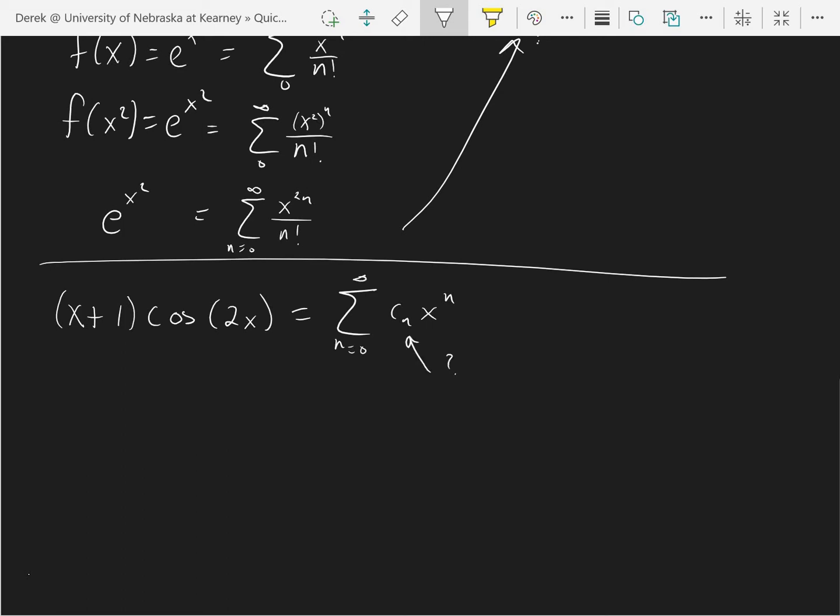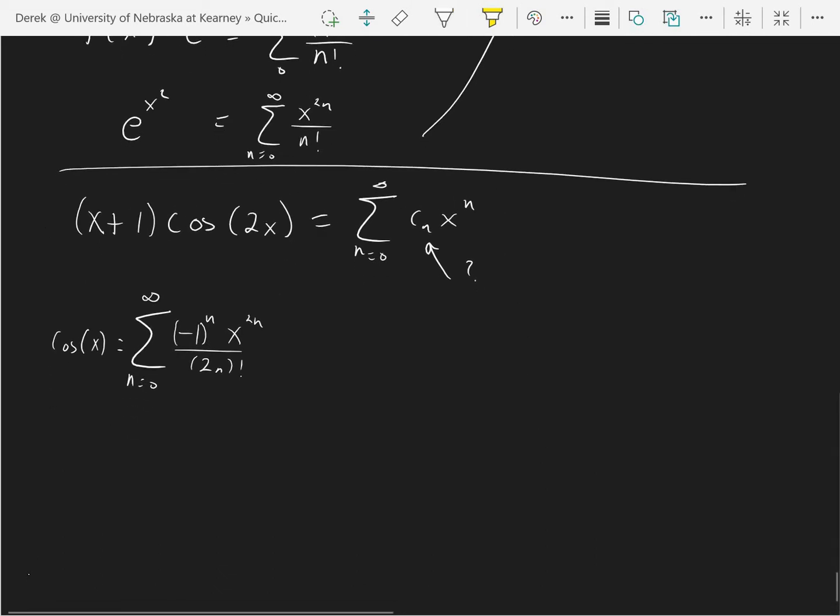Well, I can start with the summation for the cosine, and if you'll recall, I had a negative 1 to the n, I have a x to the 2n, and I have a 2n factorial from n equals 0 to infinity. That's the cosine of x. So what I have to do is put a 2x into the cosine function. So that's the first thing.